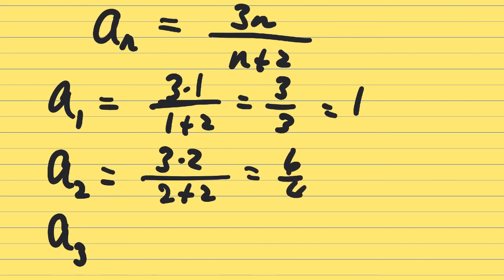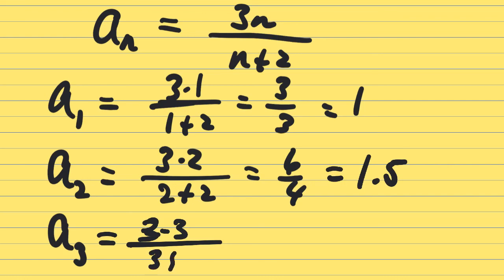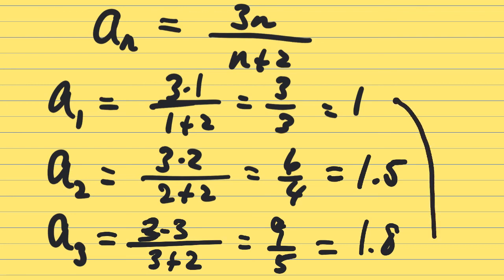That's 6 over 4, which is 1.5. The third term is 3 times 3 over 3 plus 2. 9 over 5, which is 1.8. And if you see how these terms get larger as you go, they keep getting larger. That's monotonic. And if you were to keep building like all the way up to like a sub 200, you would be approaching 3.